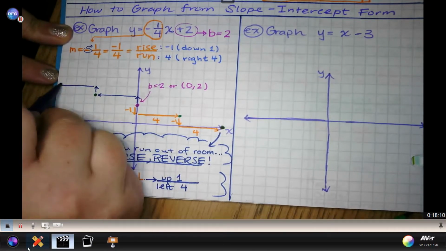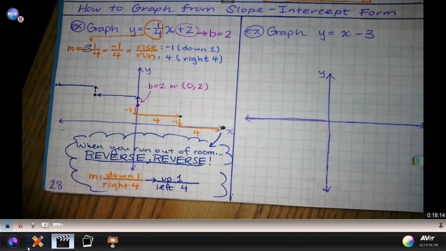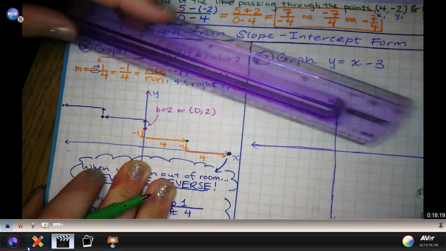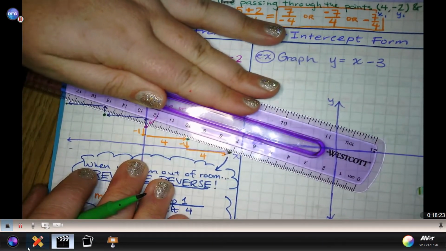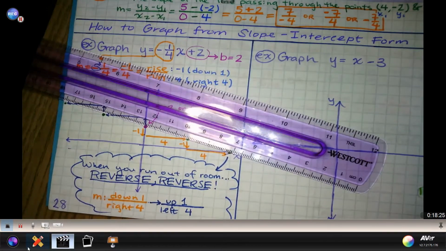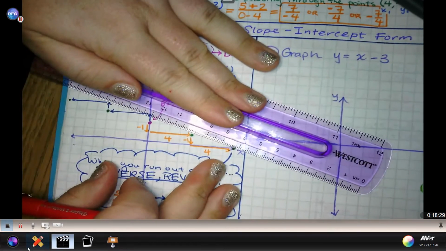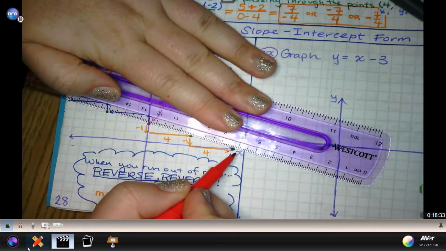Ooh, right to the end of the page. Okay, and if I've done this right, this should form a line. I'm going to use red, because red will stand out better than whatever I got going on here. Lots of different colors, you know me. Okay. Yeah, that looks good.